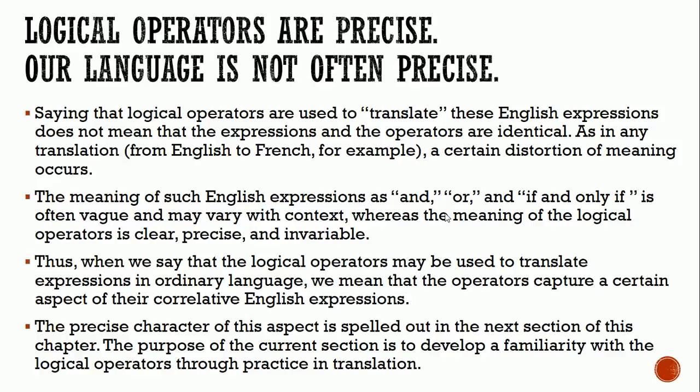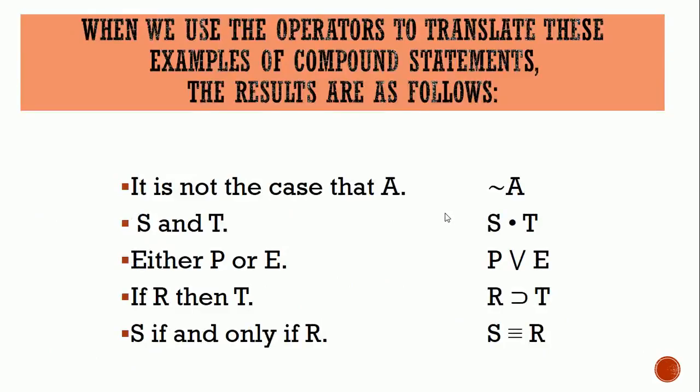All right. So the precise character of this aspect is spelled out in 6.2, but we're going to skip that. If you want to take some time to look at 6.2, go ahead. All right, so let's look at how we translate these things. It is not the case that it is not the case that Al-Qaeda is a humanitarian organization.